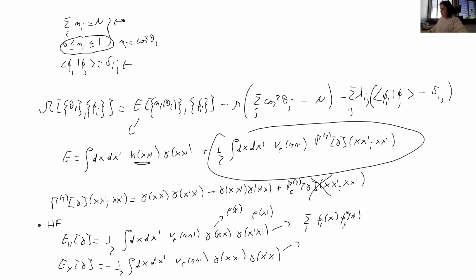So if you plug in this expression for your gamma 1, you will find back your expression of the Hartree-Fock total energy you are used to. Okay, but you can write it also in this more compact form, without using the one electron orbitals. Okay, so this is Hartree-Fock, and this is an explicit functional. Hartree-Fock is an explicit functional of the one body density matrix.